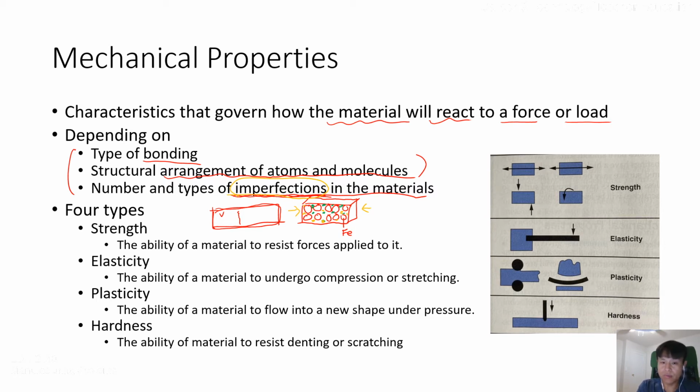It depends, right? So there are four types of mechanical force, like strength, and elasticity, and plasticity, and hardness. I'm going to explain these four types. That is also illustrated here.